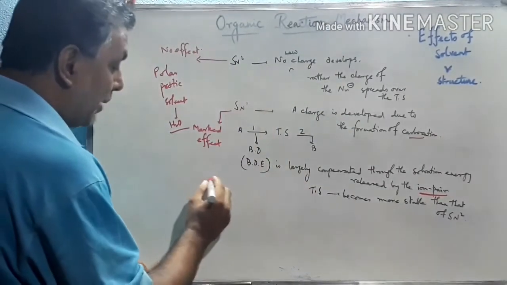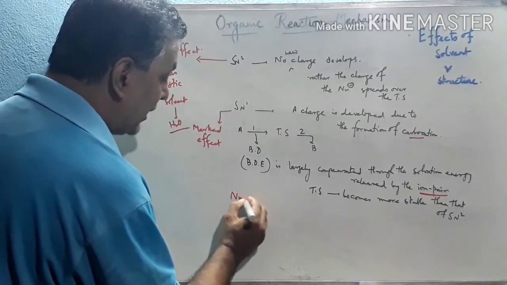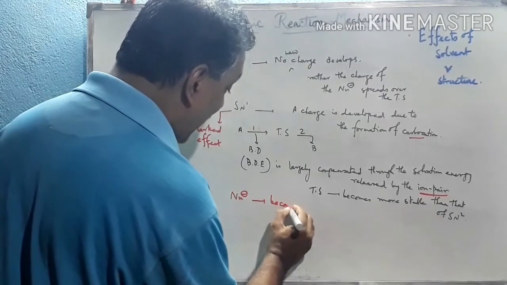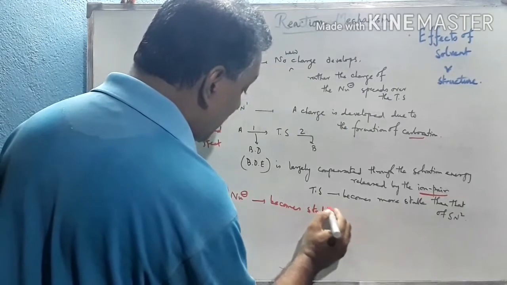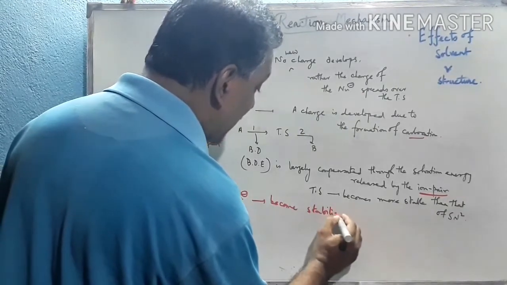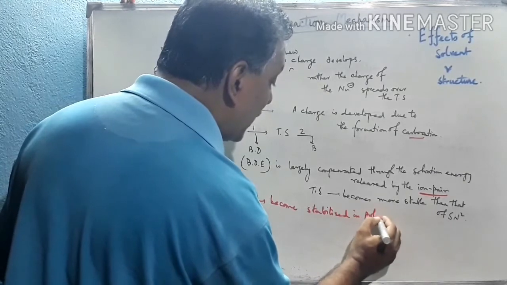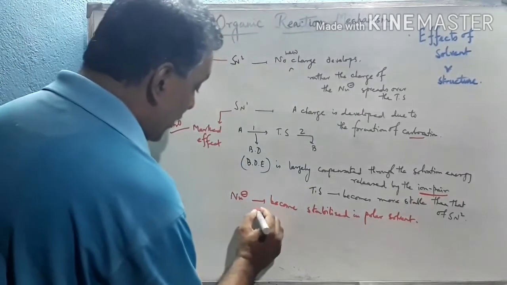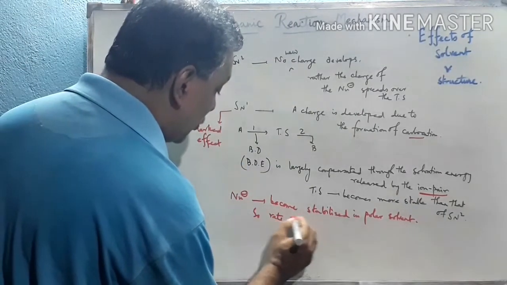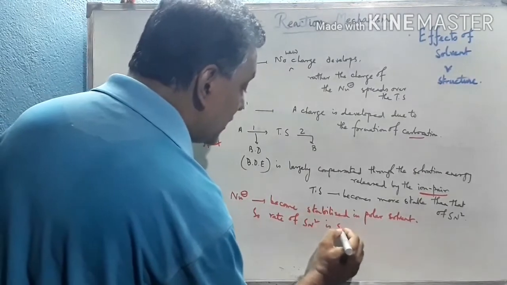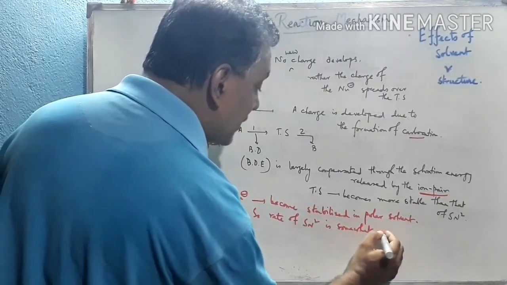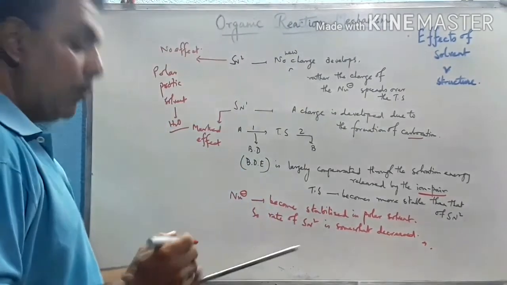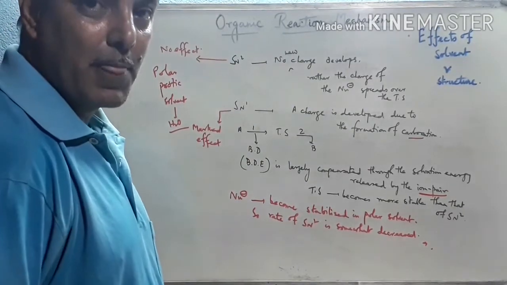But actually the reaction mechanism shows that the nucleophile becomes stabilized in polar protic solvent or simply polar solvent. So the rate of SN2 is somewhat decreased in the presence of polar protic solvent. This is the effect of the solvent on the SN type reaction.